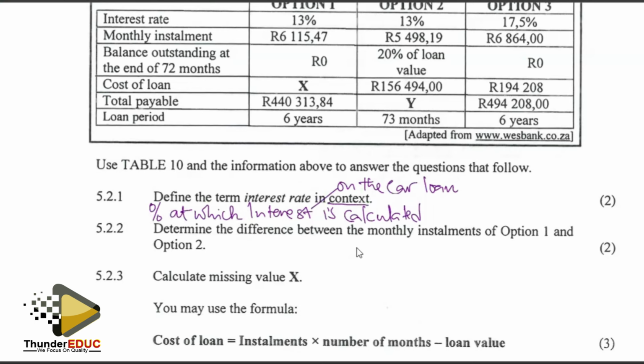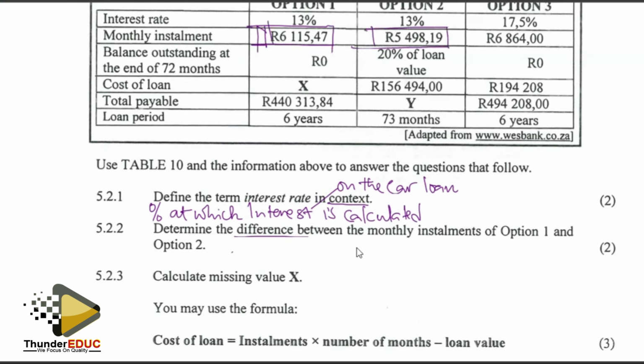Determine the difference between the monthly installment of option one and option two. The moment you hear difference, that means subtraction. So the monthly, we have this one here, and that.